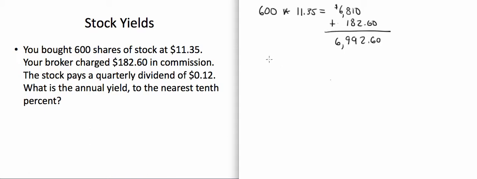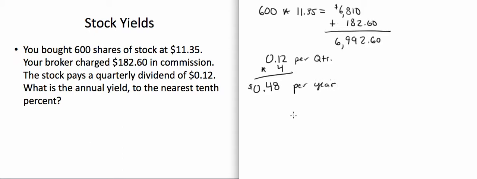Now the quarterly dividend, so that means you get 12 cents per quarter. And then we have to figure that out for an annual year, so we've got to take 12 cents and multiply that by 4, and that gives us an answer of 48 cents, so 0.48 per year.